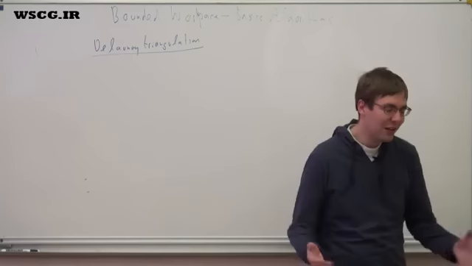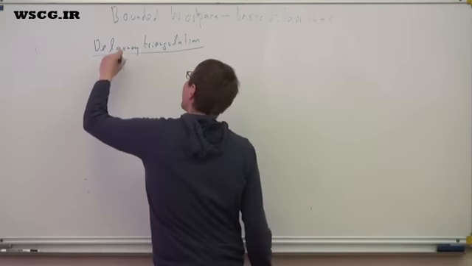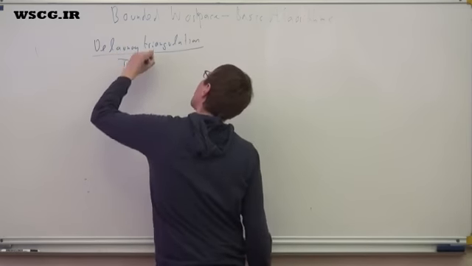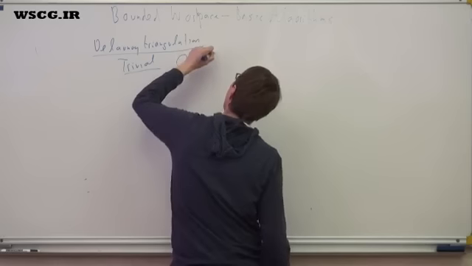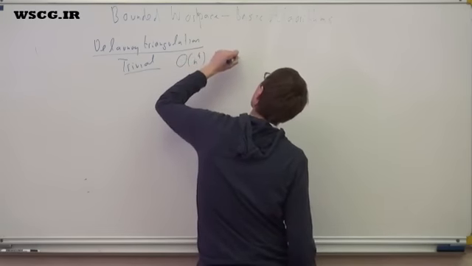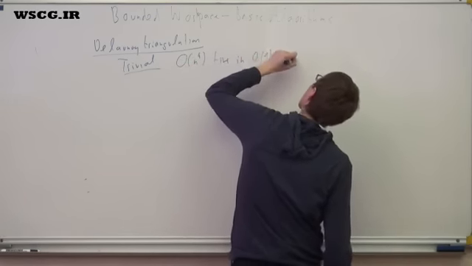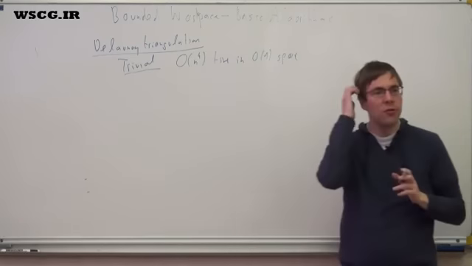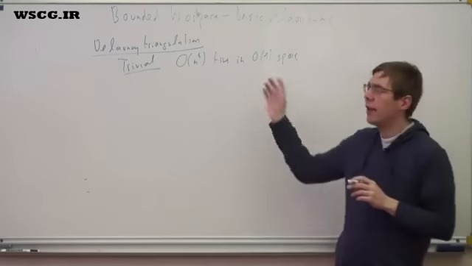Exactly. So the very easy algorithm, let's even write trivial. If you know the definition of the Delaunay triangulation, you can immediately do n to the 4 time in O of 1 space. All you need to do is enumerate all possible triples in the point set, and there are n cubed of them.